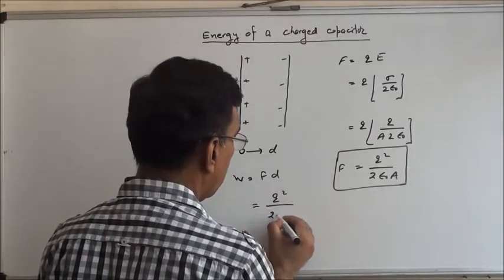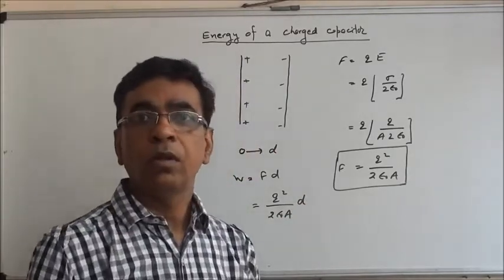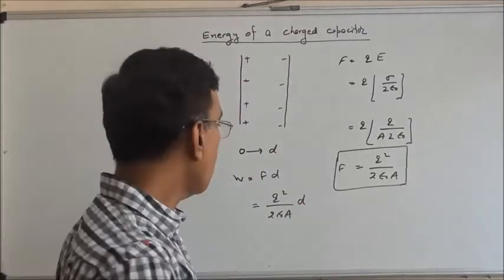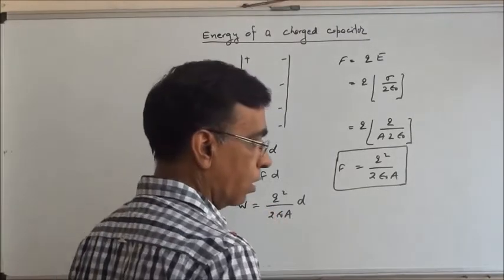Q square upon 2 epsilon naught A into D. So this will be the work done.